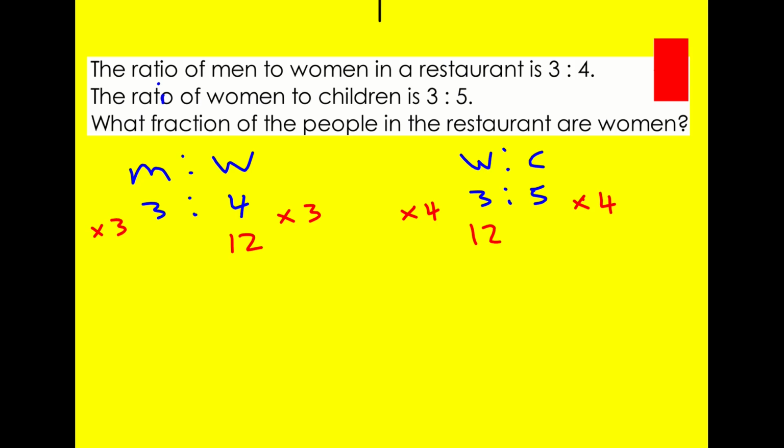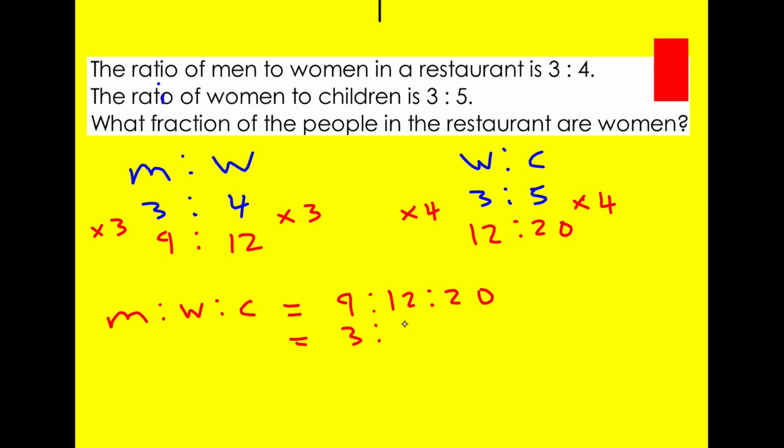Okay, that is the lowest common multiple. So I'm going to get 9 to 12 and I'm going to get 12 to 20. Therefore, men to women to children is going to be 9 to 12 to 20.